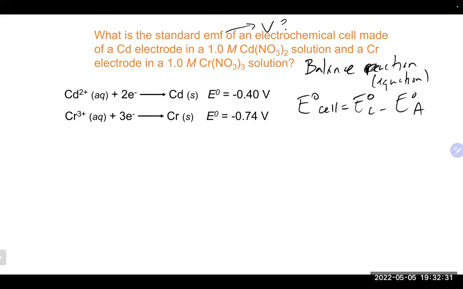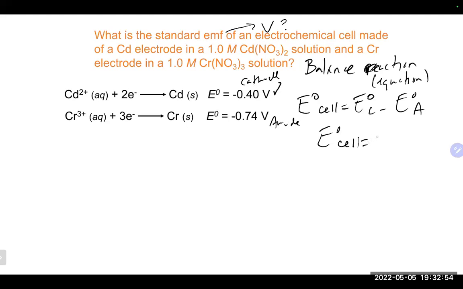Which one here should be our cathode? It should be this guy, right? It is more positive, I believe. So that should be our cathode. That should be our anode. So to calculate E of the cell, we could just go right in there because we are not going to change the sign because we're subtracting in this case.